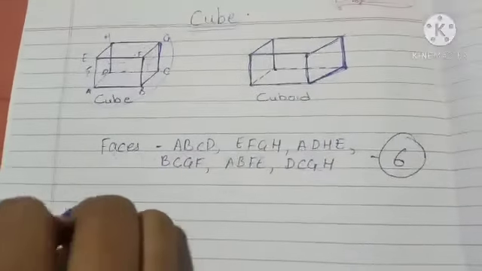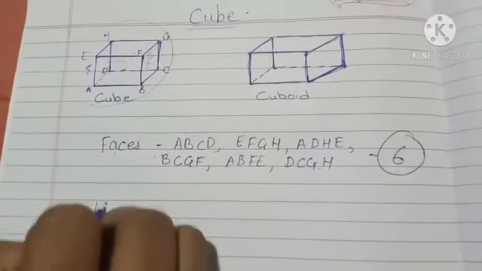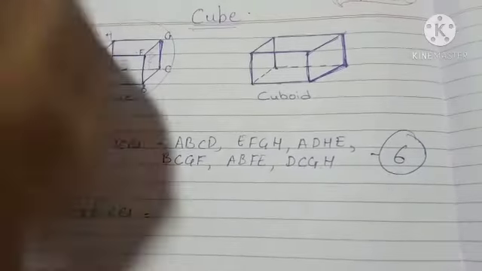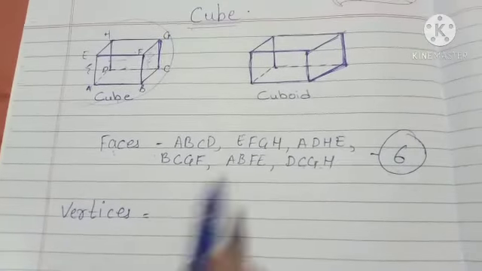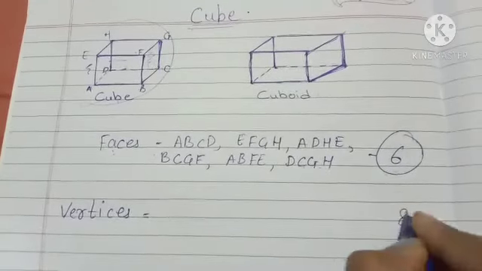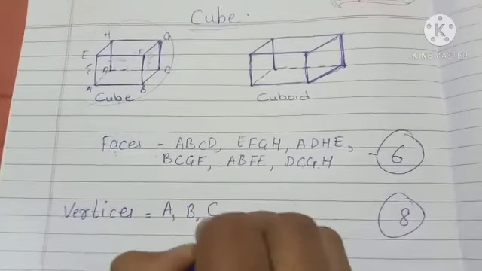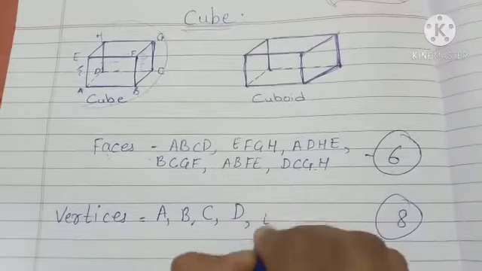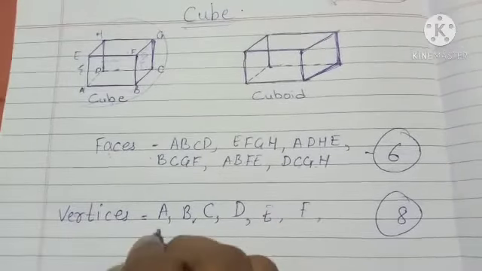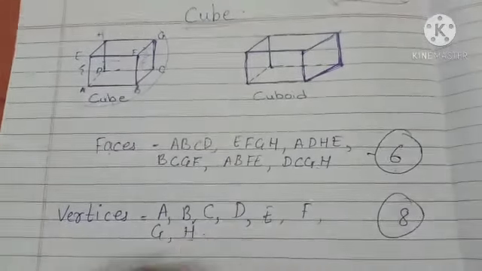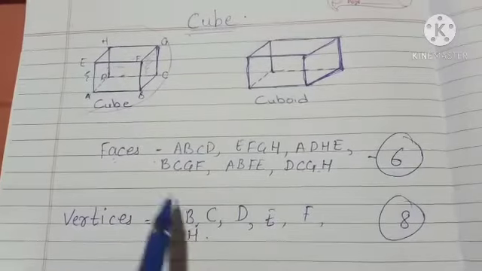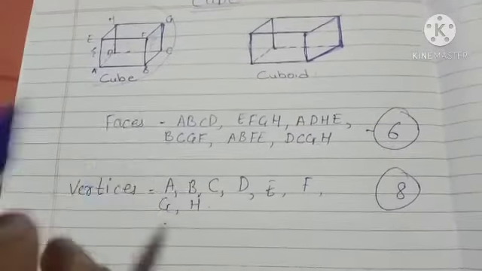Understood? Yes. Next is vertices. Same goes with the vertices as well. We have 8 vertices, namely A, B, C, D, E, F, G, and H. These are the vertices. As I have discussed earlier, what are vertices?